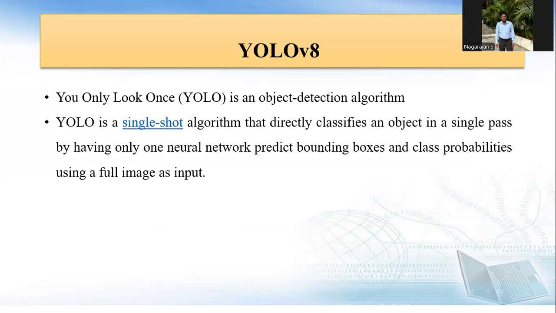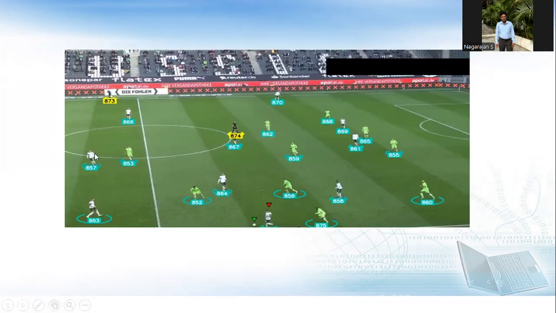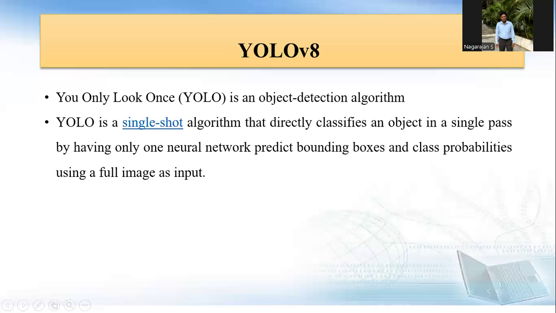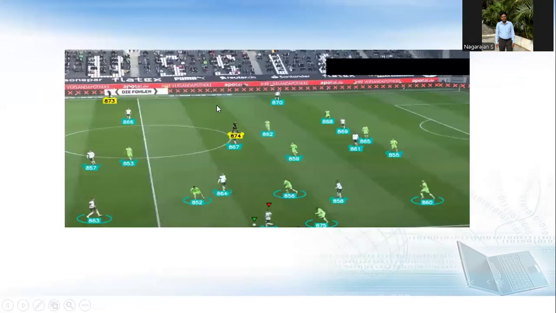Moreover, we can say YOLO is a single shot algorithm because you can classify an object in a single pass. That means having only one neural network that also predicts the bounding boxes and the class probabilities using a full image as input. So if you give the image as input, you can predict all the objects with the bounding box concept also.